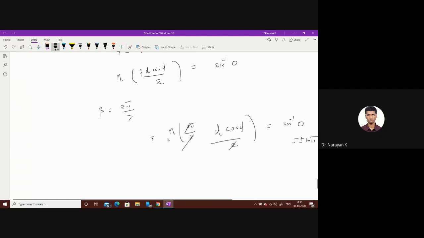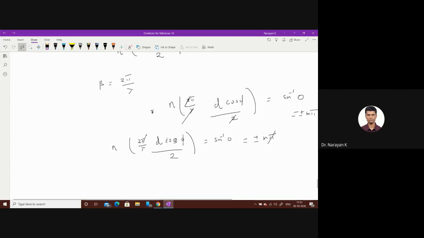So what will happen is n beta is equal to 2 pi by lambda into d cos phi divided by 2 is equal to sine inverse of 0 is equal to plus minus m pi. So this pi and this pi will get cancelled. Okay. So these two and these two will get cancelled.